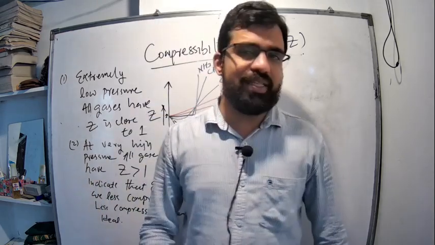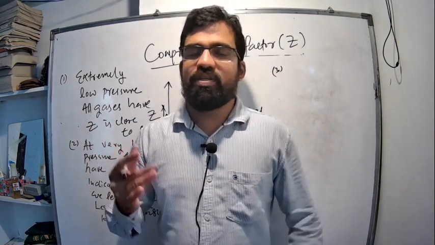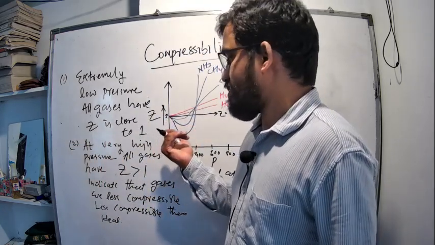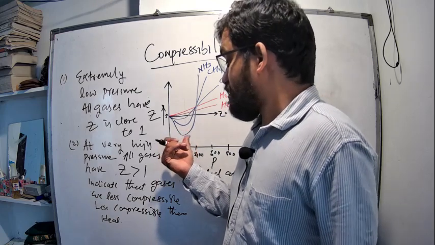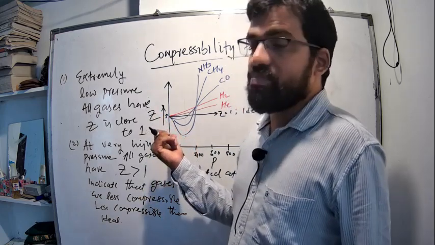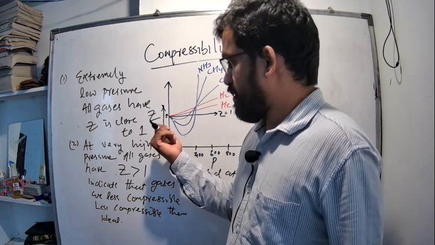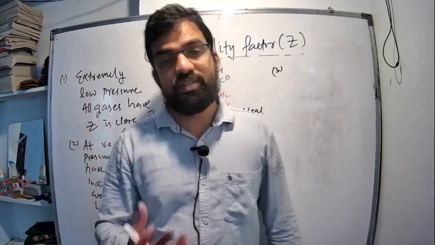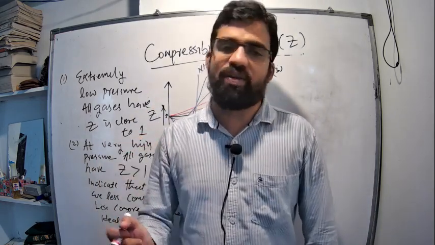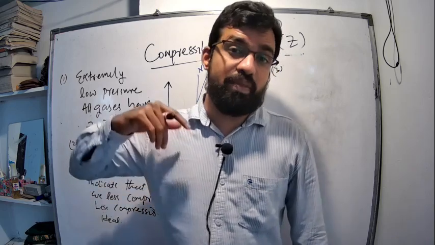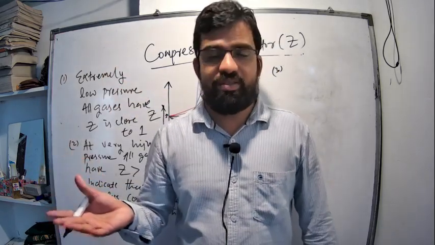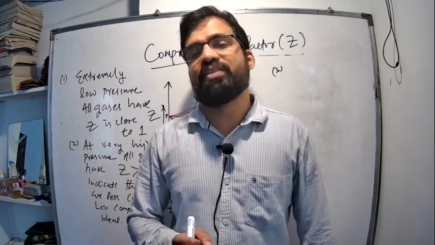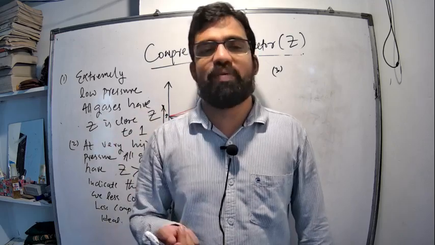So, you can say that when pressure is appreciable, Z is less than 1 means they are compressible and they can be converted into liquid, that is, intermolecular force of attraction starts. Z greater than 1 means the internuclear repulsion will start.